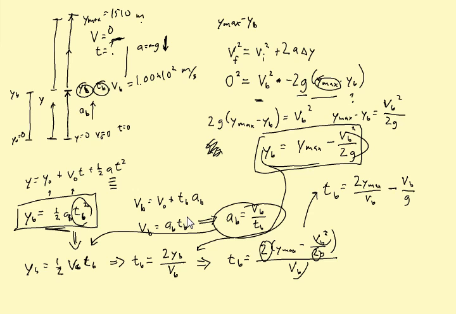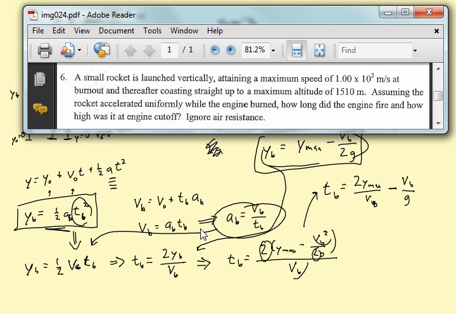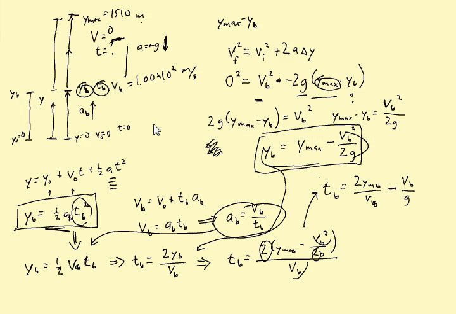So now we're in very good shape because we know all these things, right? And we can find the time to burnout. Let's check back and find out what we were supposed to figure out here. How long did the engine fire and how high was it at engine cutoff? So actually these are our two answers here. Right here is tb and here's our yb. So let's plug in numbers real fast and see if these work.